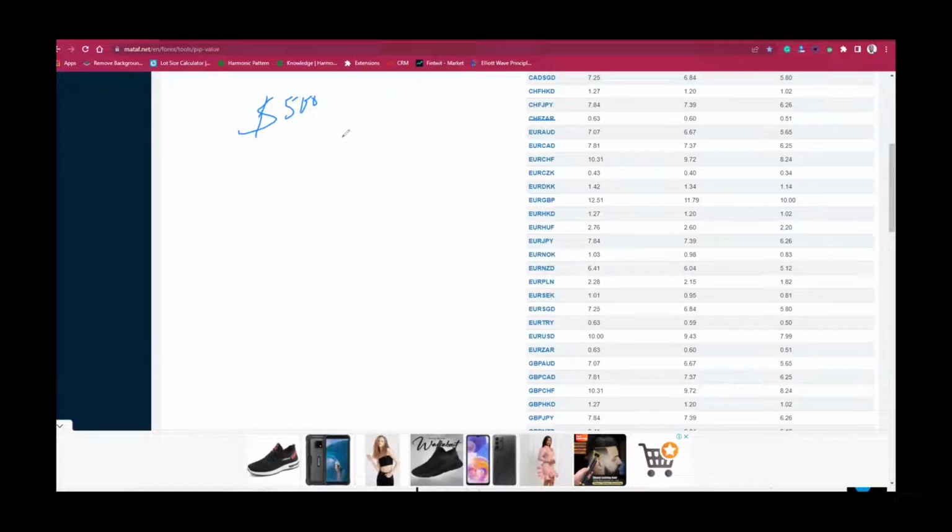Is it $5? That's going to be like 1%, right? Is it $10? That's going to be like 2%. Or you can just say, I want to be risking 3% of my account, which is going to be like $15. So it's not all of your money or a huge part of your money that you're going to use on one trade.